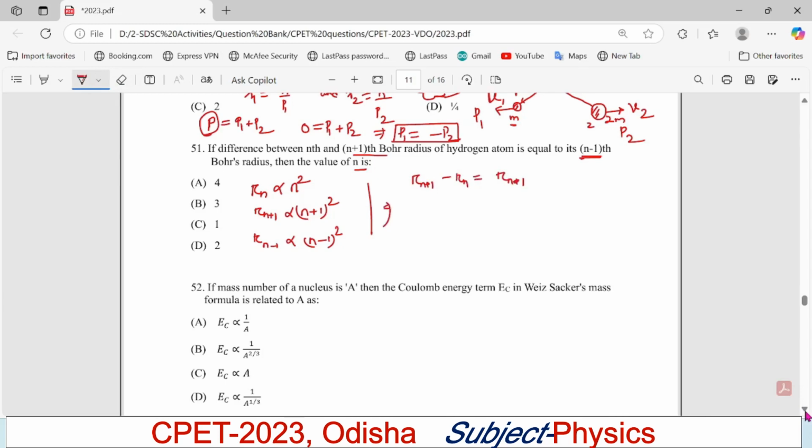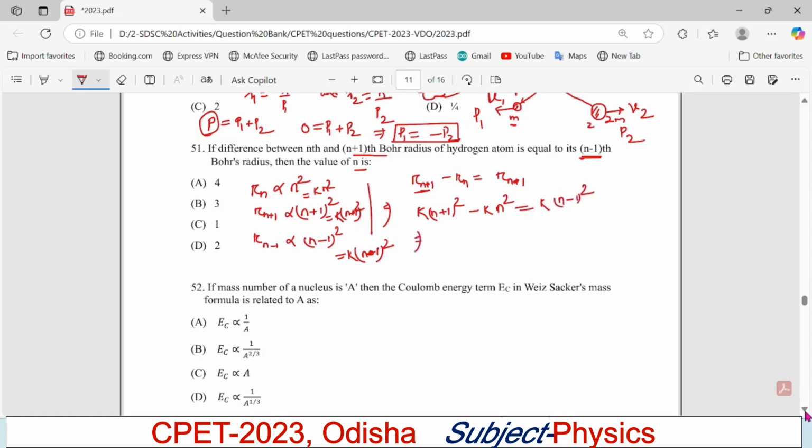That implies I can write some constant k n square, k n plus 1 square, and k n minus 1 square. I have to just put these values. So instead of r n plus 1, I can write k into n plus 1 square, minus r n means k n square, is equal to k into n minus 1 square.